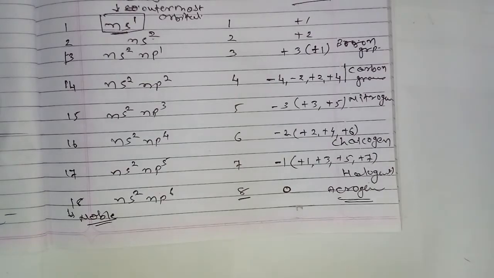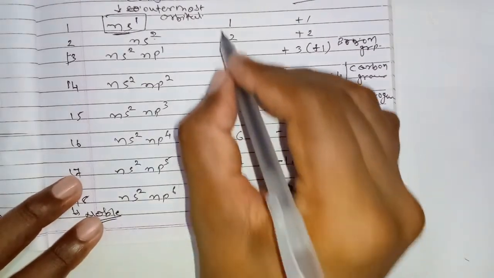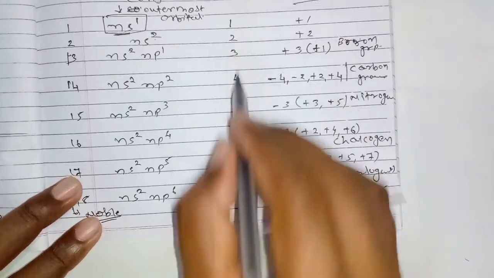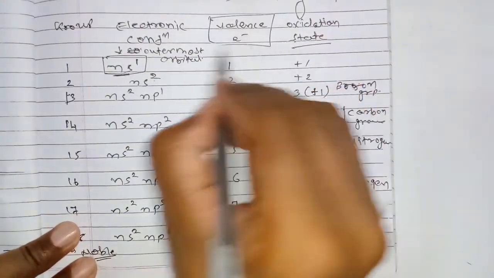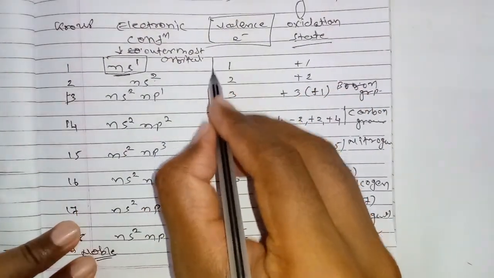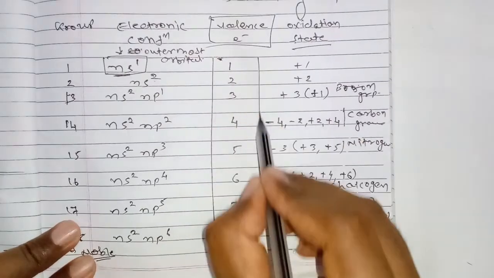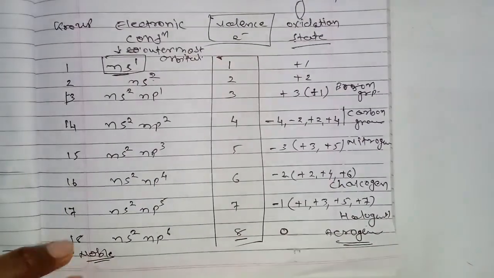So these are all the concepts about valence electrons: 1, 2, 3, 4, 5, 6, 7 and 8.